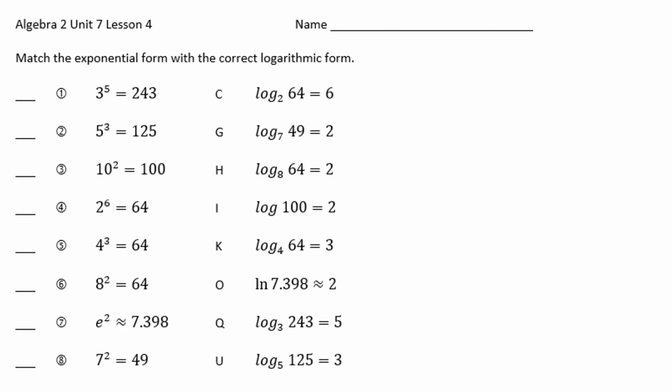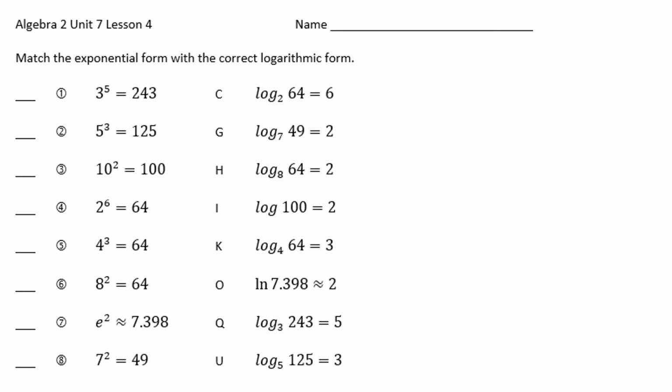So the first section of today's worksheet is a matching. There's 8 equations written exponentially, 8 equations written logarithmically, and they should match up 1 to 1. So for example, if I'm looking at question number 1, I'm like, hey, looks like the base is 3. I better make sure I can find an equation that's log base 3.